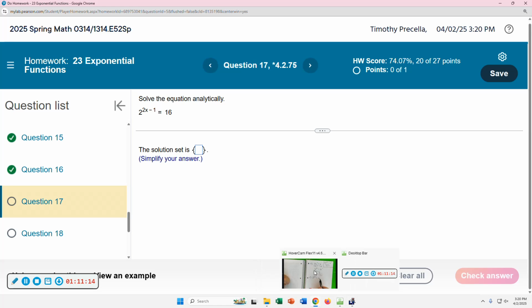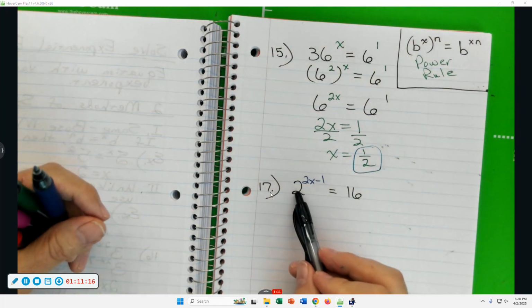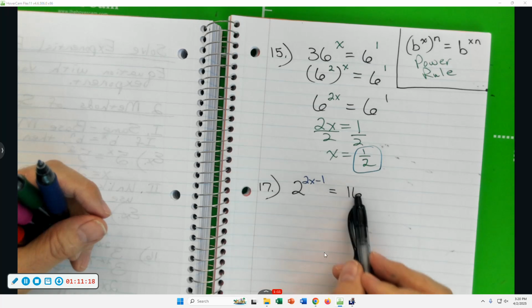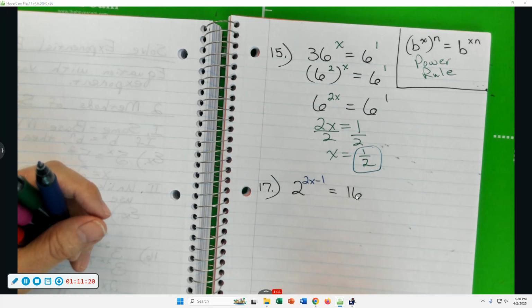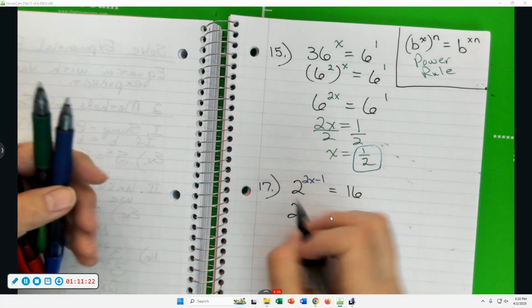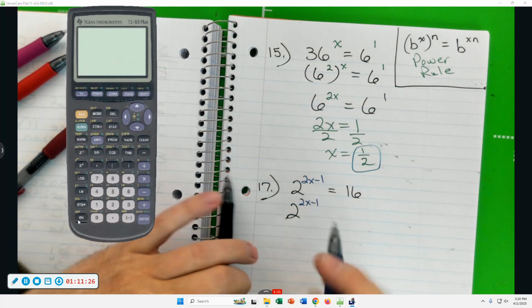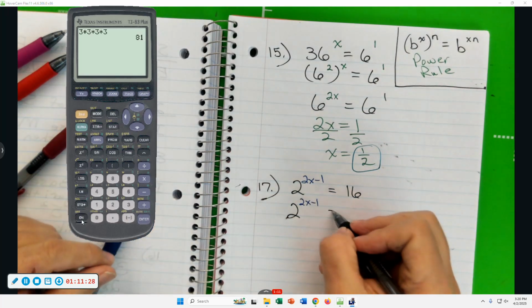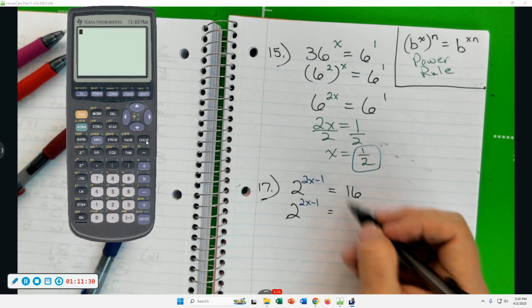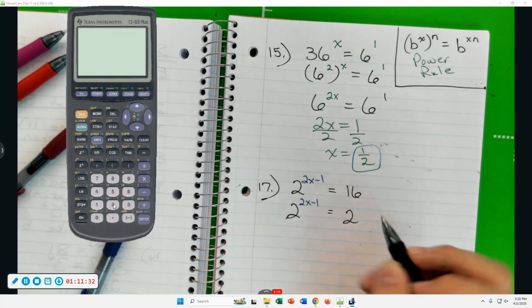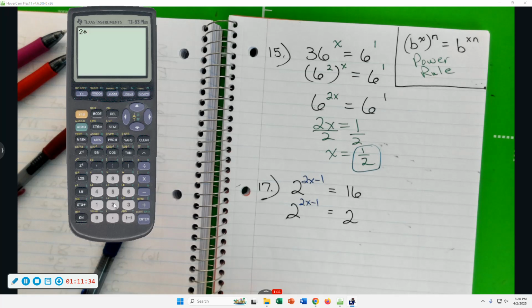We need to write the big base as a power of the small base. So we have to write that 16 as 2 to a power. How many 2's are we going to have to multiply together to get 16? How do you write 16 as a power of 2? What exponent am I going to put on this 2 here to make it equal 16?